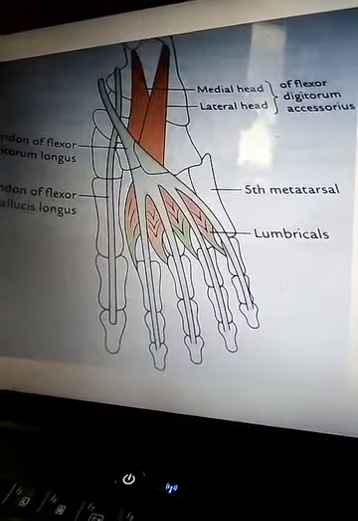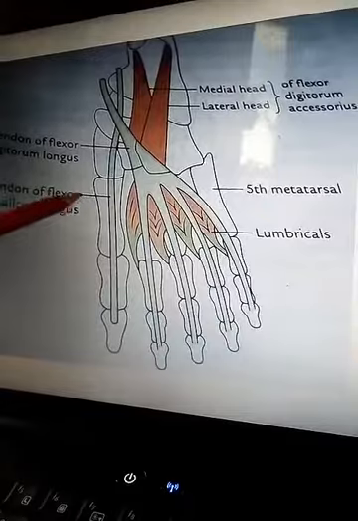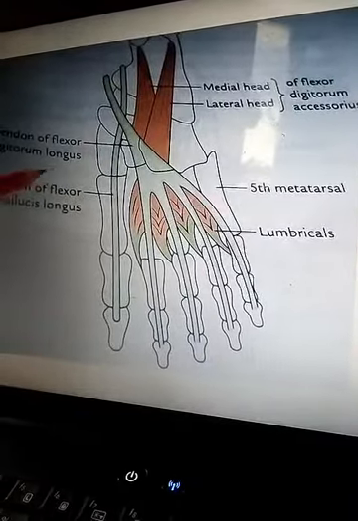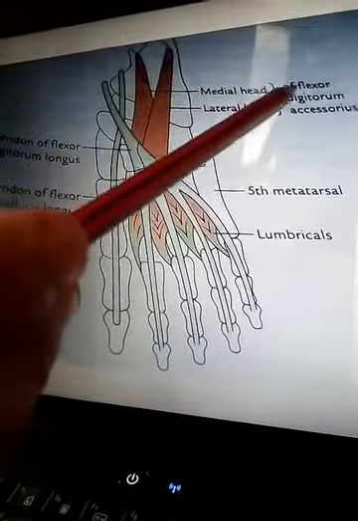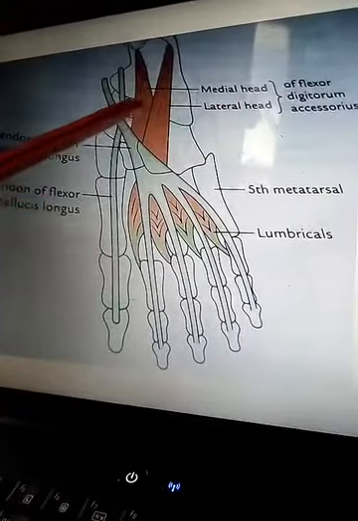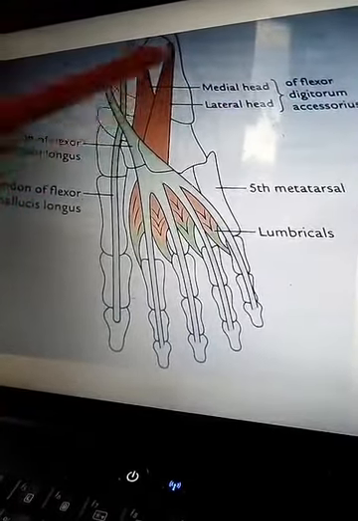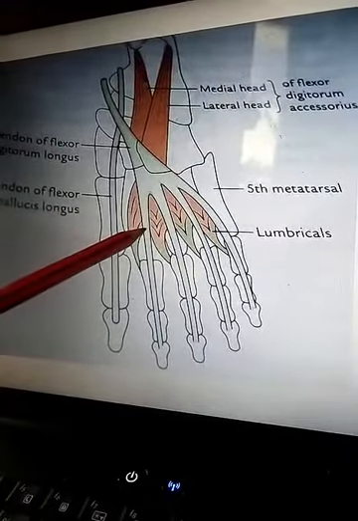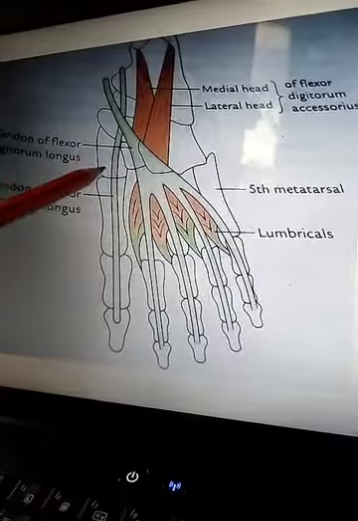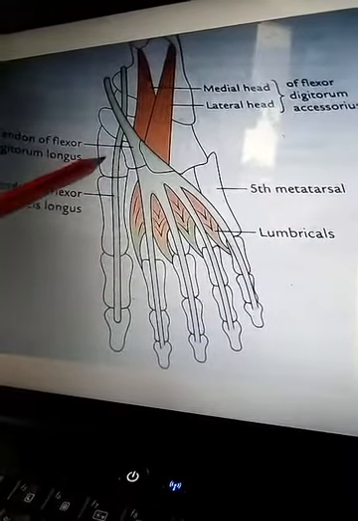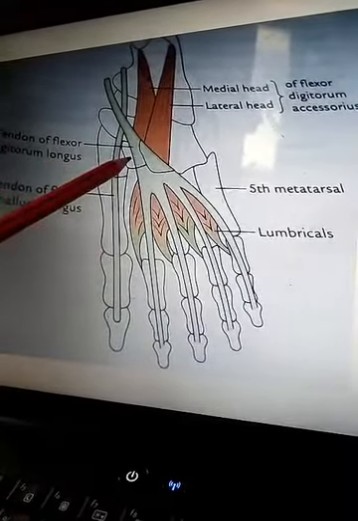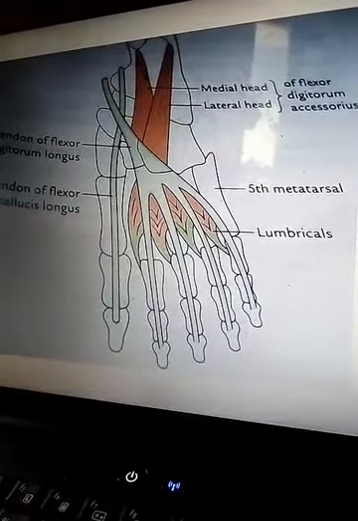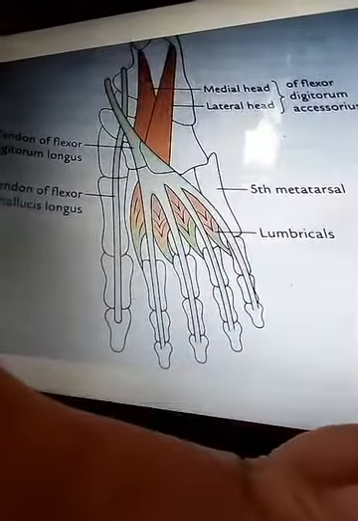Second layer of the muscles: these are the flexor digitorum accessorius, four lumbricals, and two tendons. These are the tendons of flexor digitorum longus and the tendon of flexor hallucis longus. These are the muscles and tendons of the second layer.